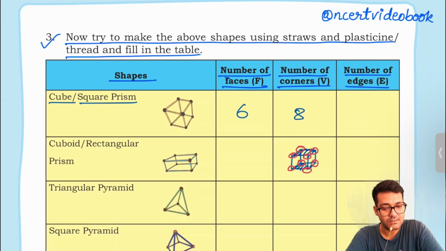And number of edges, let's count: 1, 2, 3, 4, 5, 6, 7, 8, 9, 10, 11 and 12. 12 edges.